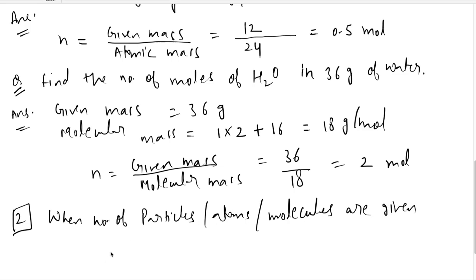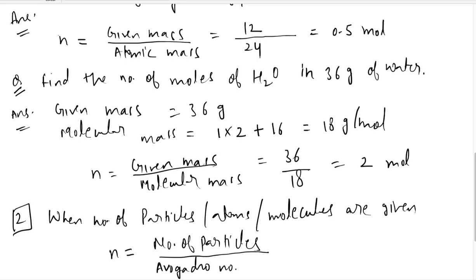So in that case, our formula will be the number of particles divided by Avogadro number, that is 6.022 into 10 raised to power 23.